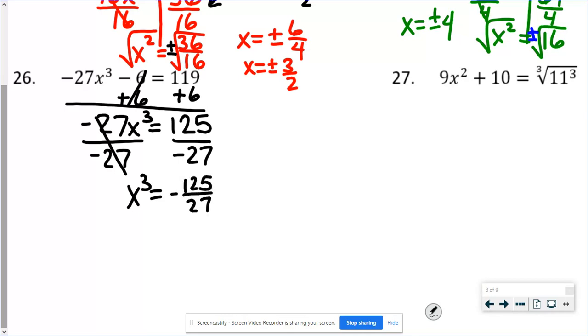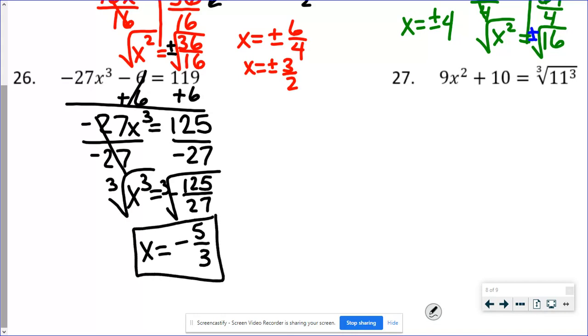I'm just going to pull that negative out in front of the whole thing. I don't want x cubed, I want just x. So cube root, there's my x. The cube root of a negative number is just going to be a negative number. Cube root of 125 is 5. Cube root of 27 is 3. And I am okay with leaving that as an improper fraction. If you want to change it to 1 2/3, you can. Don't make it a decimal though.